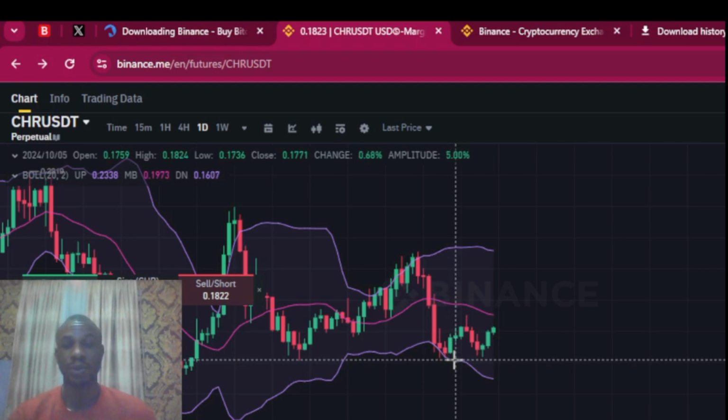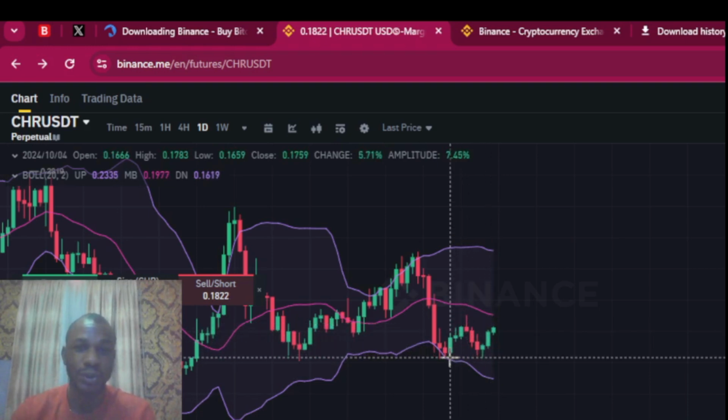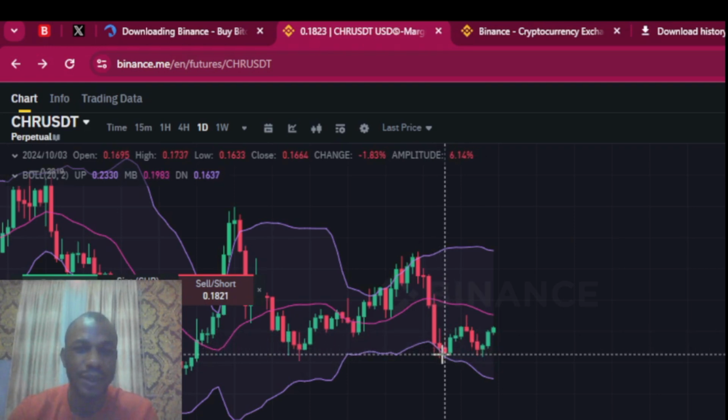When we have more buyers of a commodity, there is a tendency for the market price to go high, to appreciate. So it is a good entry point for crypto traders. When you see that the candlestick is touching the lower line, it means you have a good chance of making profits when you buy at that particular point. It's a good entry point for you.